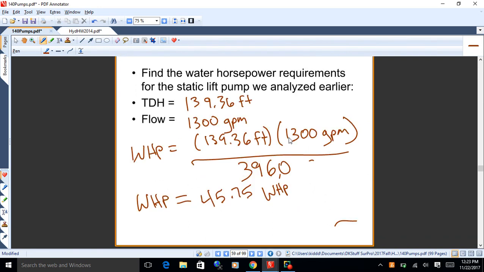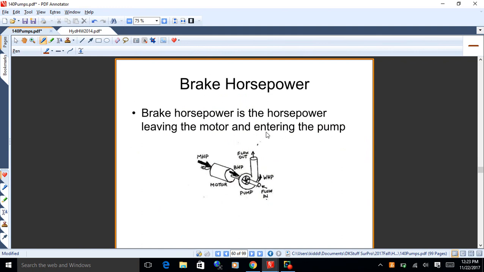So that's the horsepower that goes to the water. But pumps are machines, and so every step of the way there's a loss of power. If you look at the horsepower coming out of the motor, not all of that goes to the water. The water horsepower is what goes to the water.